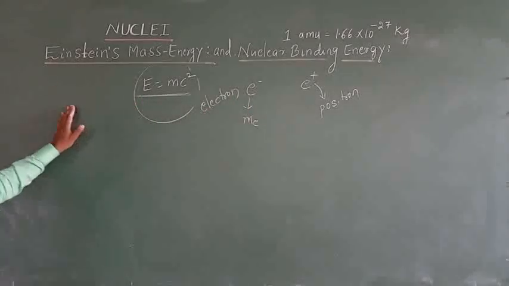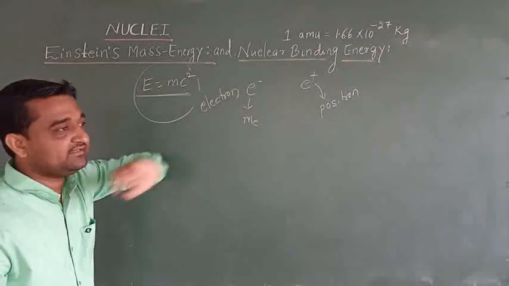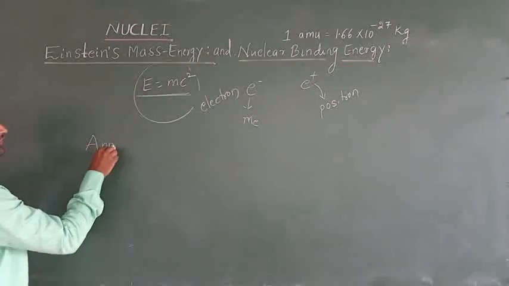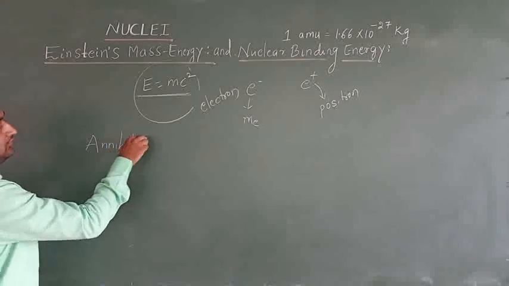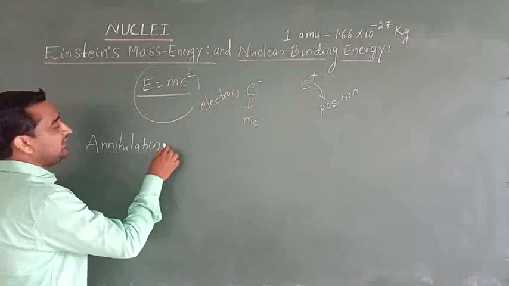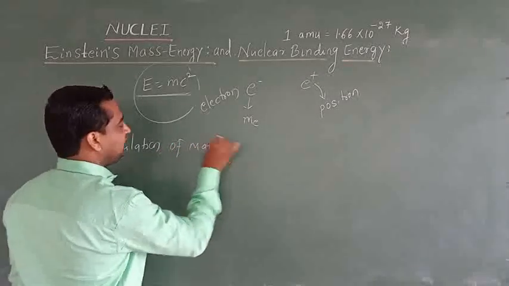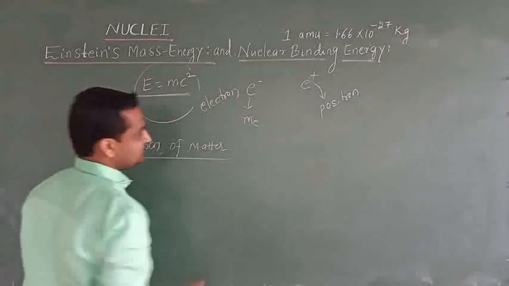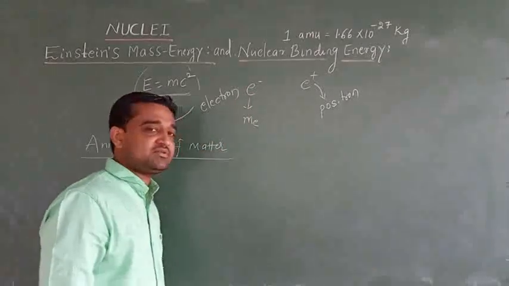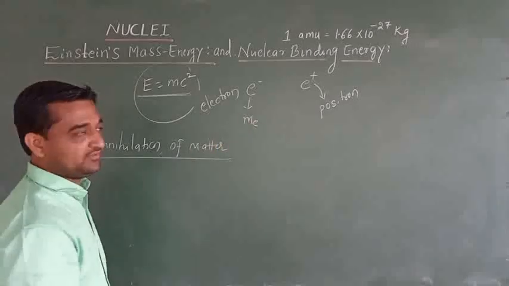Now we can explain the law of conservation of mass energy by taking this electron and positron. That is called annihilation of matter. You all know what matter is: anything which occupies space and has mass. So e minus and e plus are also matter, having mass m e, and the masses are equal.